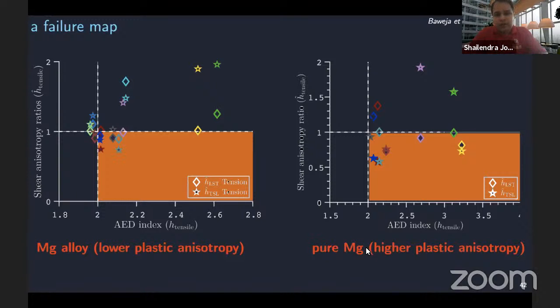On the other hand, if you have a material that is slightly more anisotropic, then the situation is a little more forgiving, in the sense that you have more range of textures that may play out to our advantage in designing macroscopic responses that are more damage tolerant by designing microstructures in the context of their textural processing.